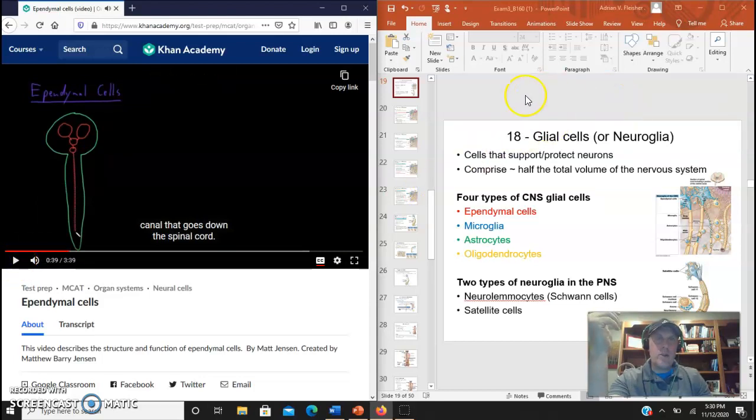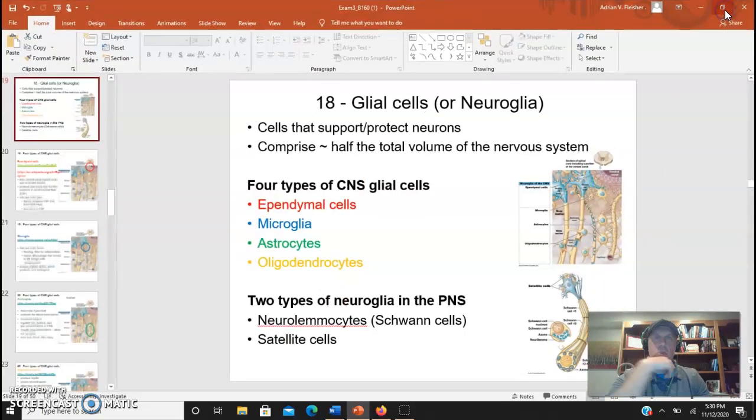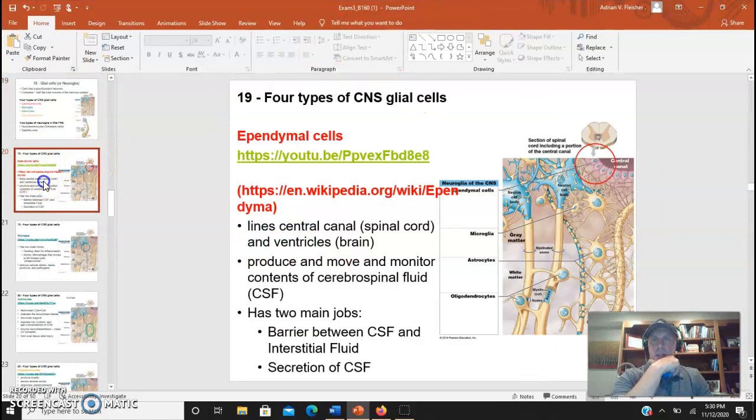So with that said, I'm going to go ahead and just rip through these next ones for you. And if you look at this, what I did was you have the four types of glial cells, glial meaning glue. So when you look at this, these epithelial cells are glial type cells, meaning they're cells that are used to help hold things together like glue.